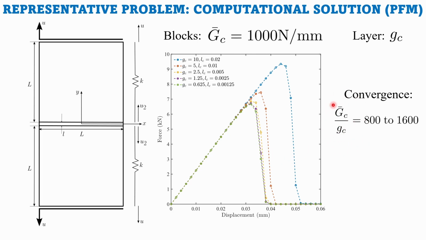This ratio, GC bar by GC, is called the toughness ratio. And we saw that convergence is reached for a toughness ratio of 800 to 1600.